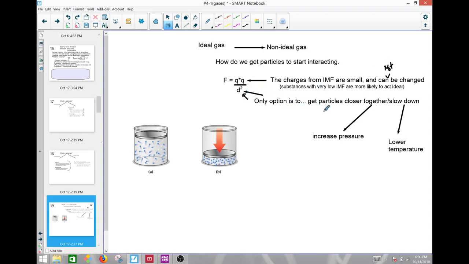So as we get them closer together, this force starts to ramp up. So I can increase my pressure, get them to bounce off each other more. Pressure means the density of the particles, and I can lower my temperature, which slows them down. And I can now get this thing to happen here. This gets smaller, and therefore some force of attraction.